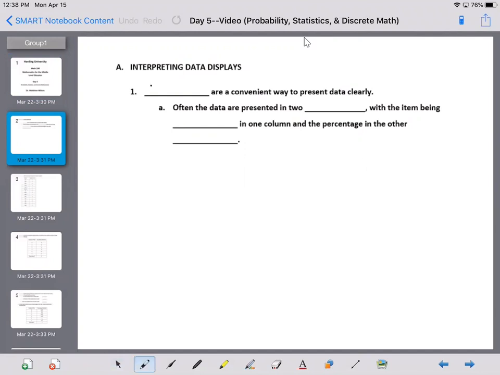Tables, they could be vertical tables, they could be horizontal tables, are convenient ways to show data. Often the data is presented in 2 columns, with the item being measured in 1 column and the percentage in another column.